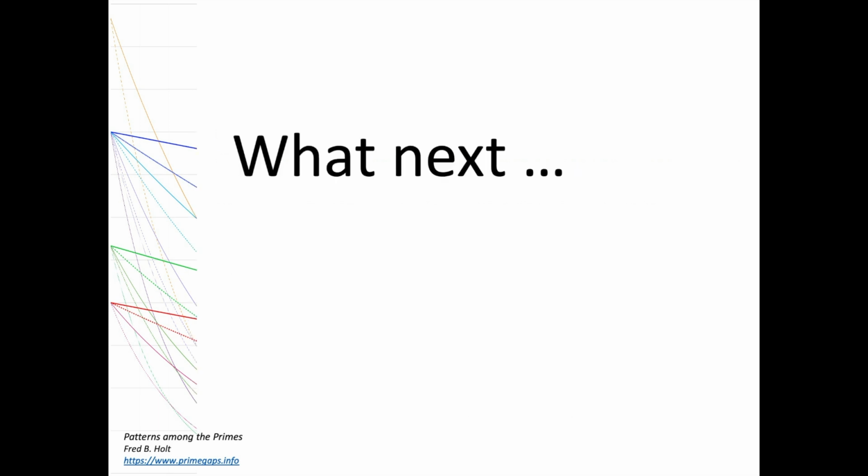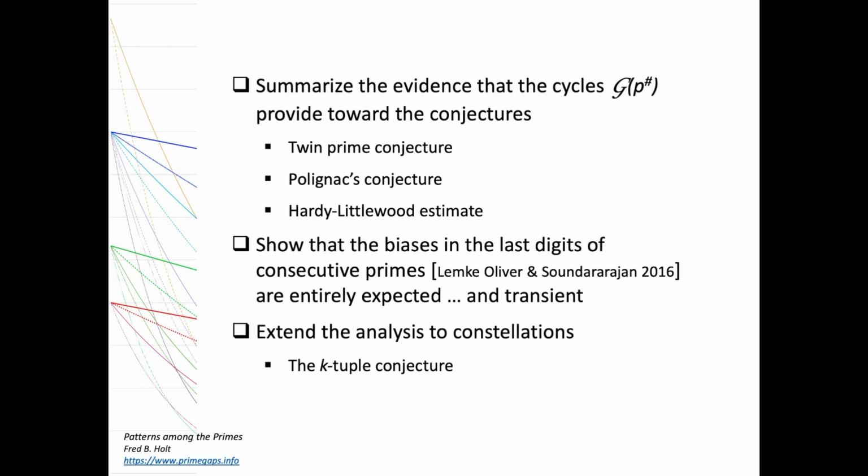So where do we go from here? We'll take a moment and summarize the evidence that the cycle of gaps provide toward this family of conjectures, the twin prime conjecture, Polignac's conjecture, the Hardy-Littlewood estimate. Then we'll also, as a kind of a special topic, we'll show that the biases and the last digits of consecutive primes made kind of a splash in 2016.